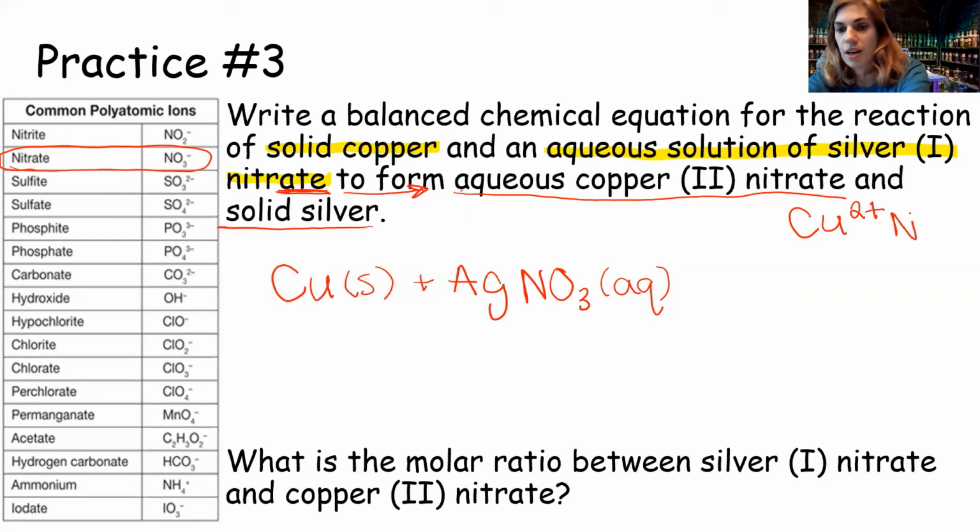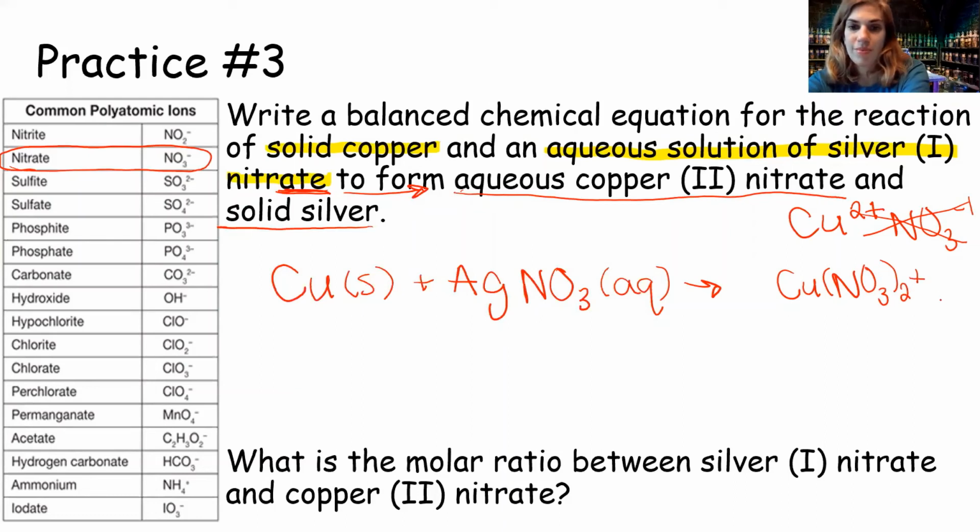And once again, nitrate, -1. We are going to cross and drop. And so we get Cu(NO3)2 plus solid silver. That's not a compound, so it's just Ag. Trying to leave a little bit of space here. Probably should have started a little closer to the left.